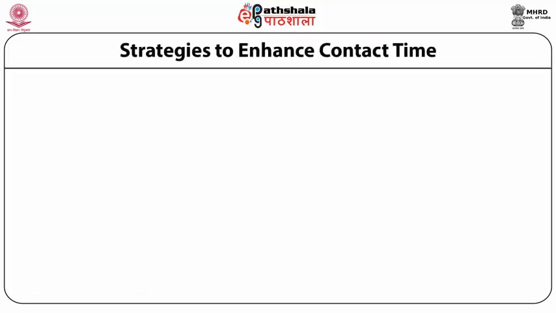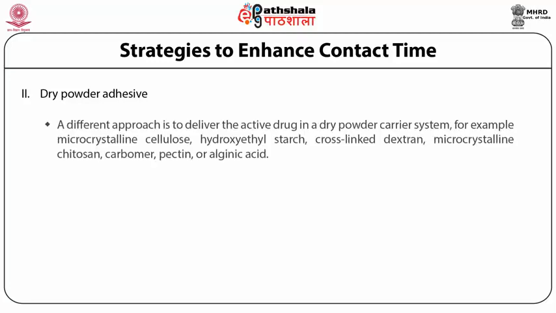Another formulation approach based on bioadhesion is where we are able to formulate dry powder adhesives. This is a different approach to deliver the active drug in a dry powder carrier system. For example, microcrystalline cellulose, hydroxyethyl starch, cross-linked dextran, microcrystalline chitosan, carbomer, pectin or alginic acids are employed.